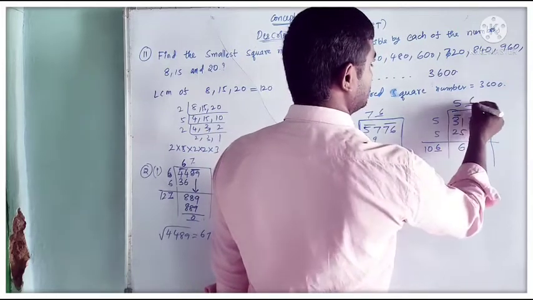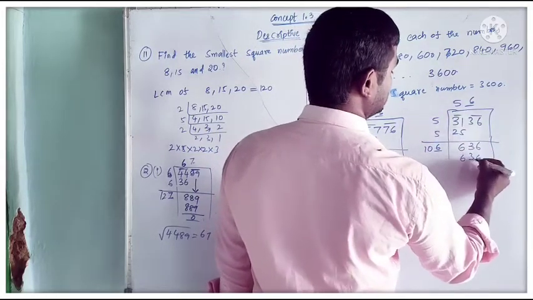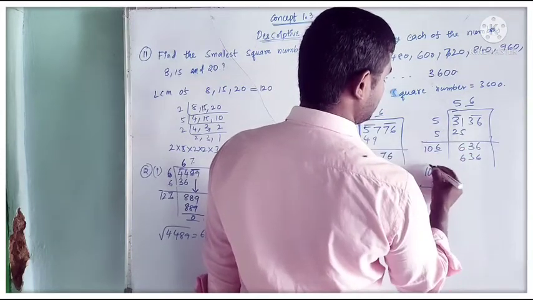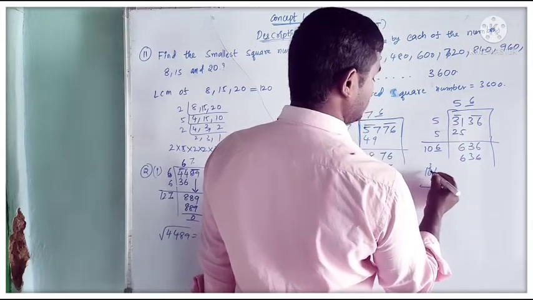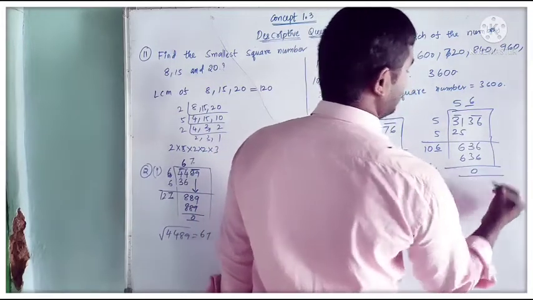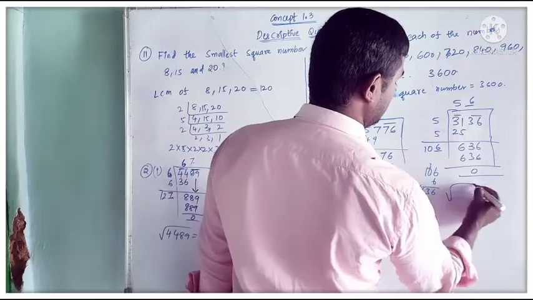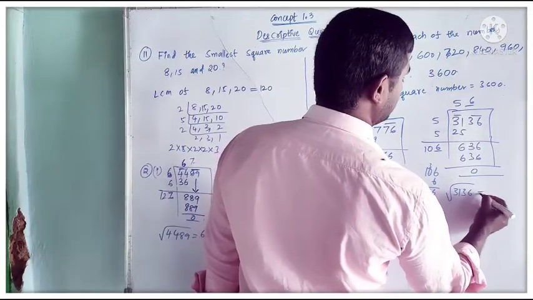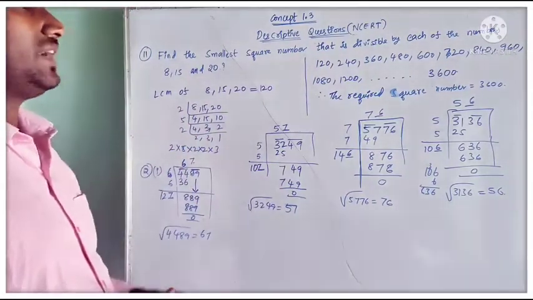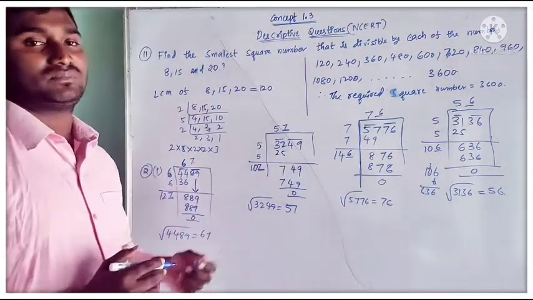Into 6 you can write. So 636 you will get. 106 into 6. So 6 sixes are 36, 3 carry. 6 into 0, 0, 0 plus 3, 3; 6 ones are 6, 636. It is equal to 0. So the square root of 3136 is equal to 56.